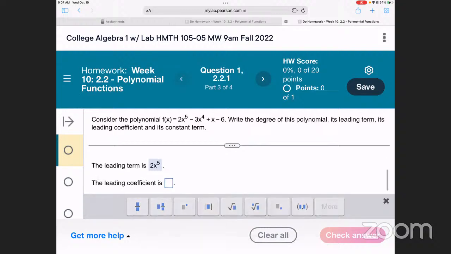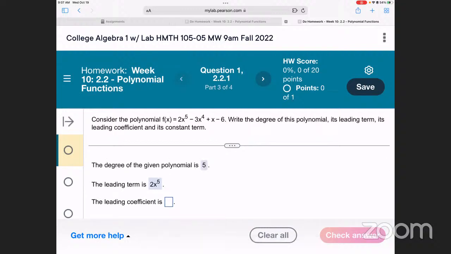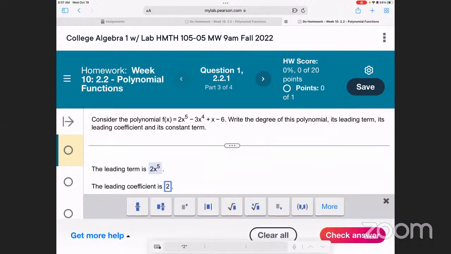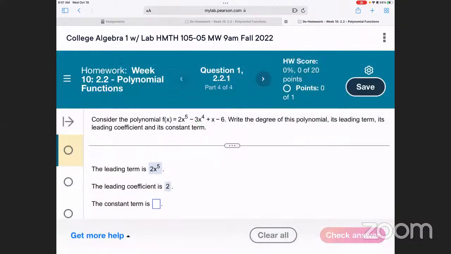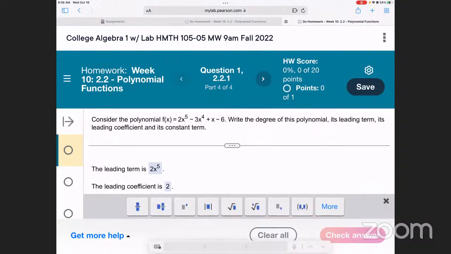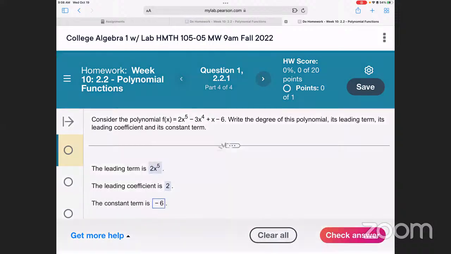So in this case, 2, right? And the constant term is a term without a variable. So the constant term is what? -6, right? Just for the sake of time.